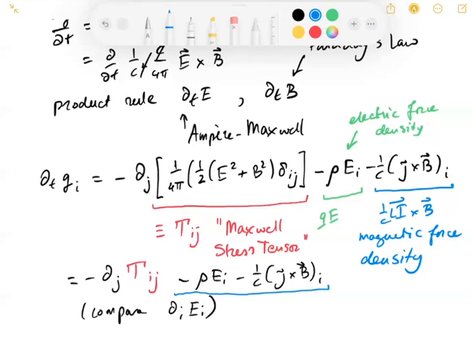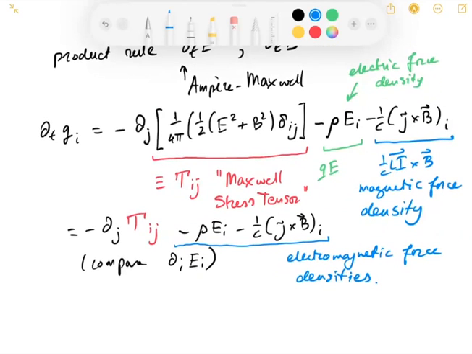Okay, so these are electromagnetic force densities, right, together. Now comes the trick. Why is this expression useful? It is because we can set the left-hand side to 0.